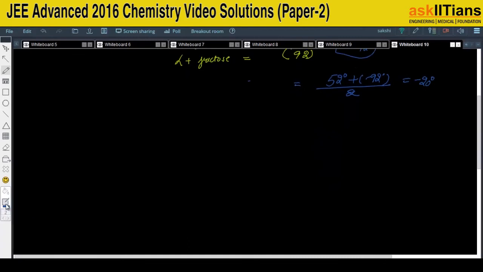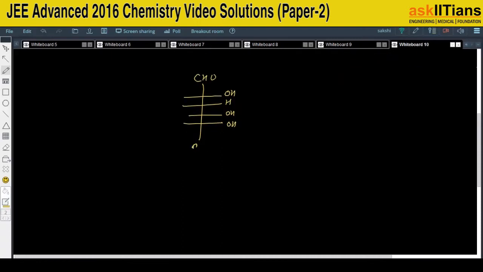Let me now work through option D. Let me draw the structure. CHO, then OH, H, OH, OH, and then CH2OH. Give me a second to write this down. Then here you will have H, H, an OH here and H here.